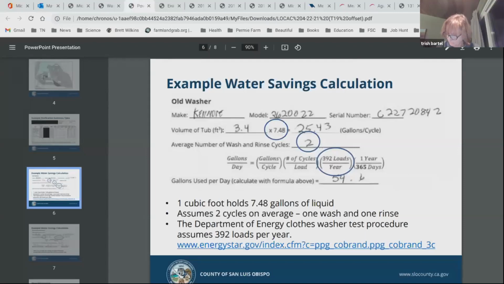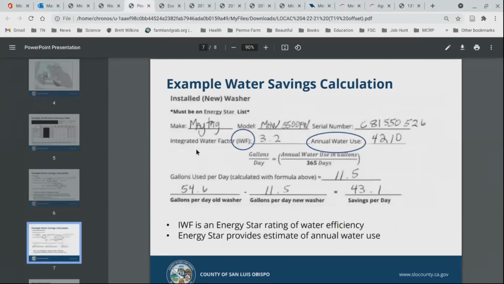Yeah. Okay. So this is the same example water saving calculation that Patrick was using, with the same assumptions that he pointed out. I just wanted to point out something about the new washing machine. Based on our current methodology, we rely on the annual water use provided by the Energy Star certification.